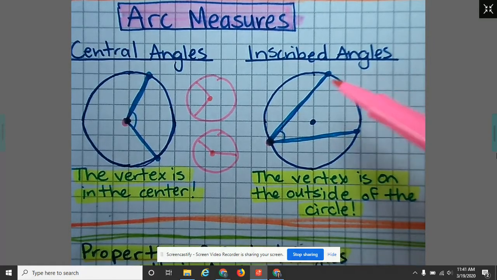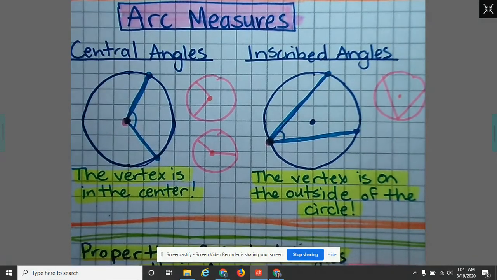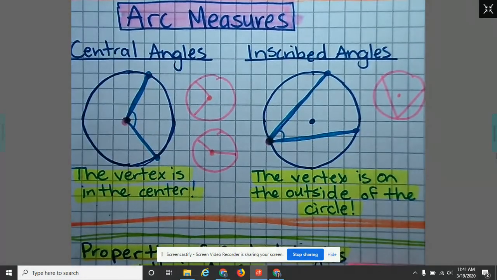On the other side, we have inscribed angles, and examples of those is just having a point that's not going through the center, okay? So anything that's on the outside of the circle here is going to be an inscribed angle. So that is an inscribed angle. Let's see, another example of an inscribed angle could have anything that looks like this.